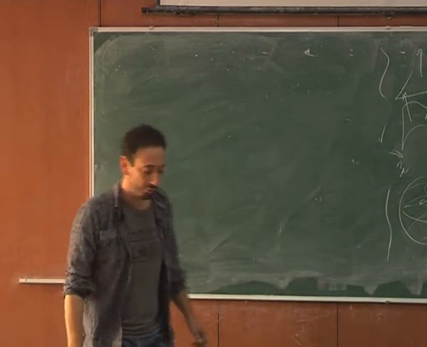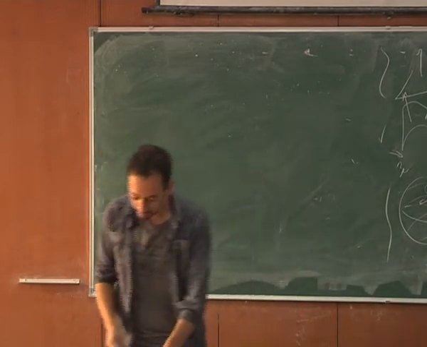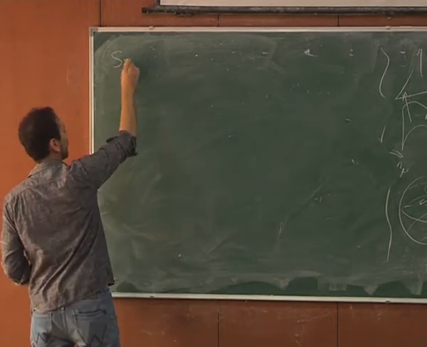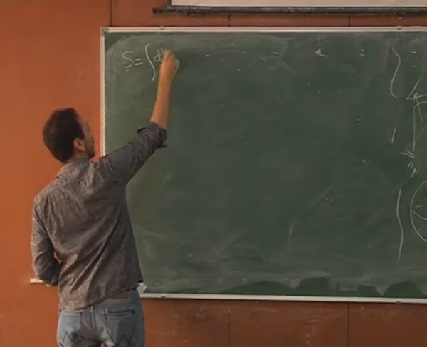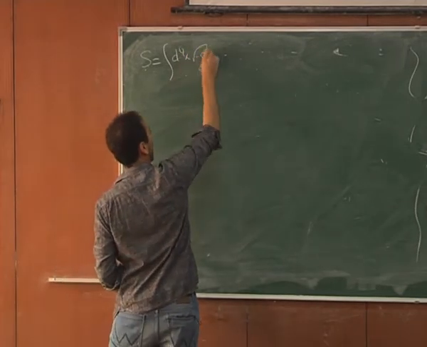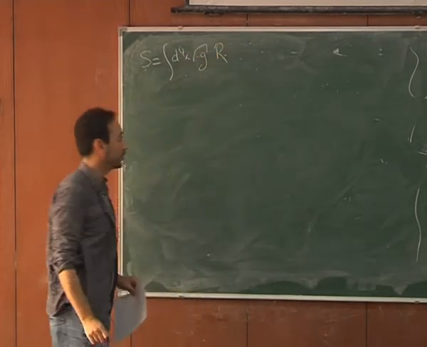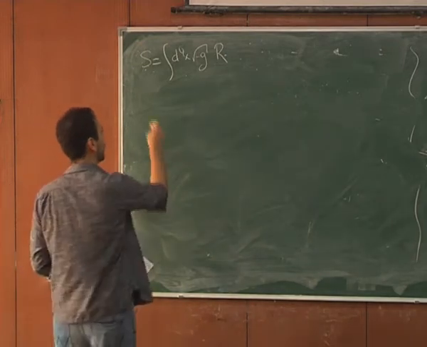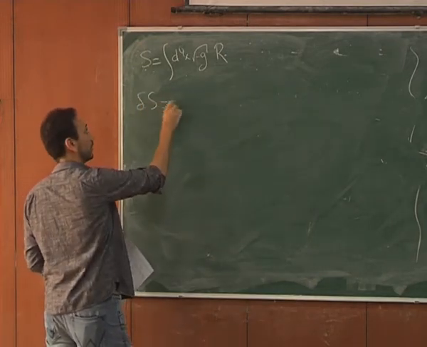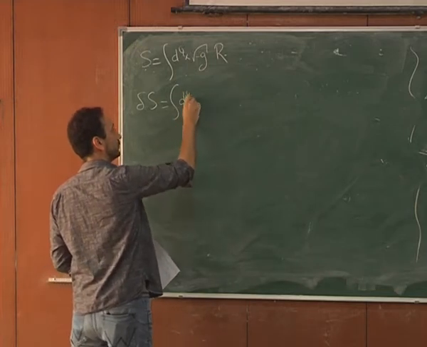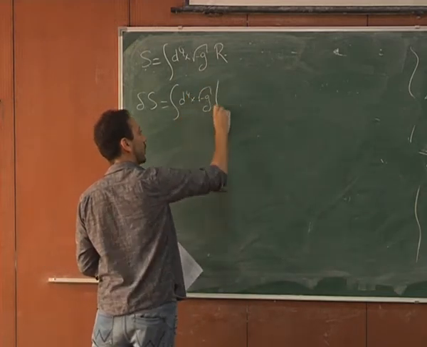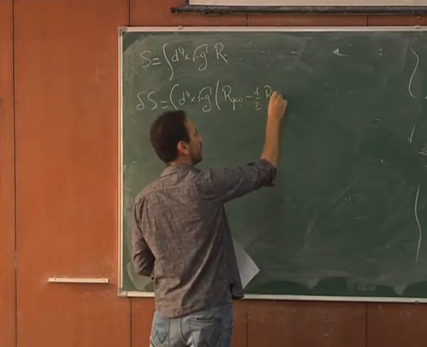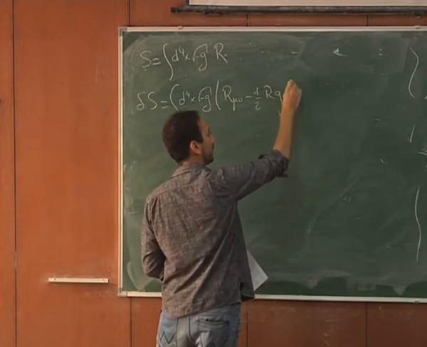Let me just summarize what is happening. In general relativity, if you take our favorite action, which is defined like this, and you make a variation of it, you get one term which is the easy part to get.